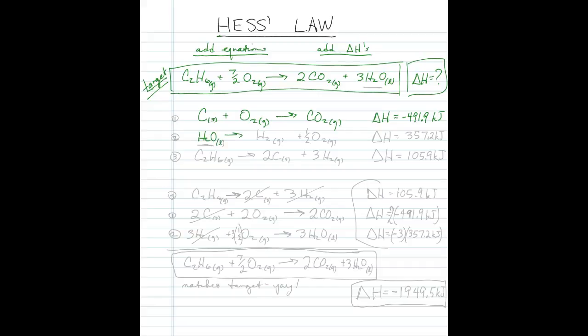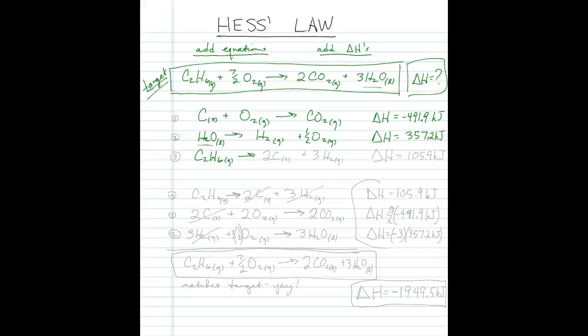If we break down H2O liquid into hydrogen gas and oxygen gas, we only get a half of a mole of oxygen because we don't have as many in our original water molecule. The delta H for that is going to cost us, so it's a positive 357.2 kilojoules.